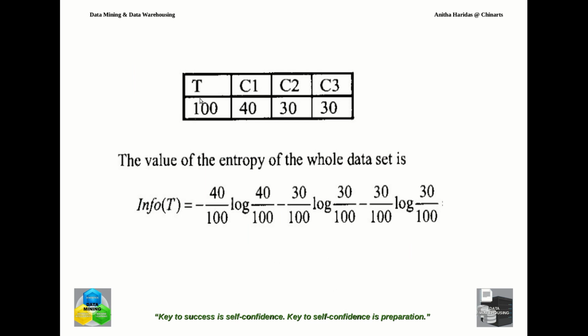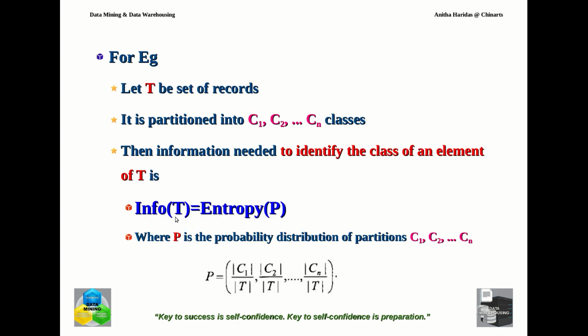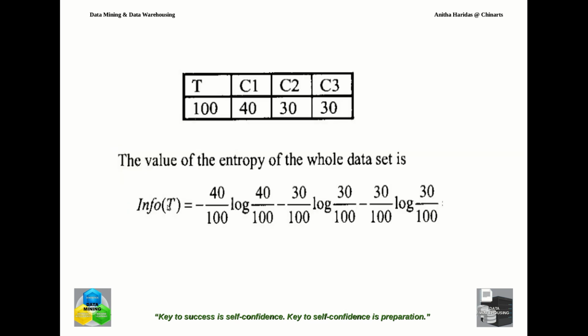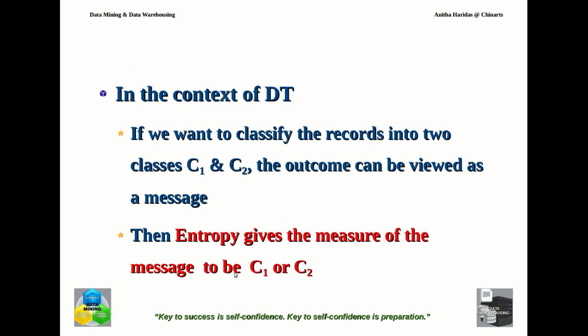Suppose, for example, the entire set of records is 100, and class 1 has 40 records, class 2 has 30 records, class 3 has 30 records. Then the entropy of the whole data set, which is entropy of P, equal to information of T, can be calculated with this particular formula.